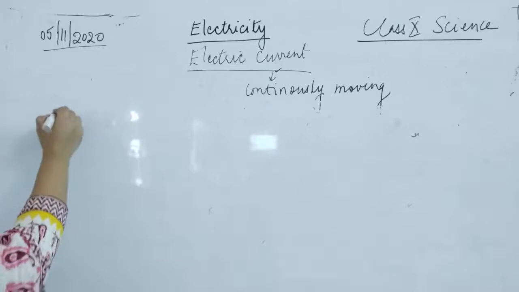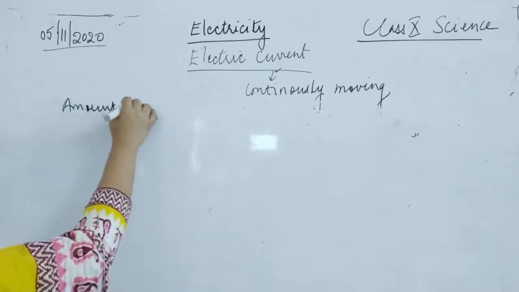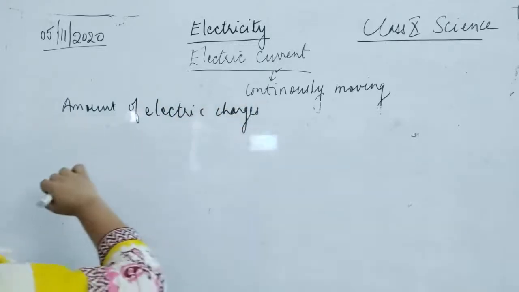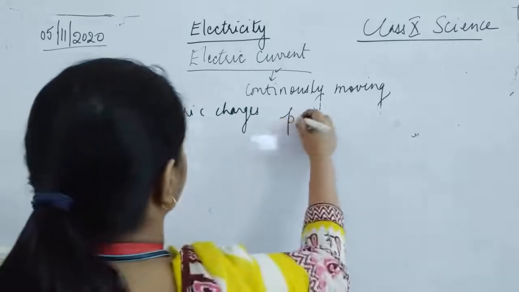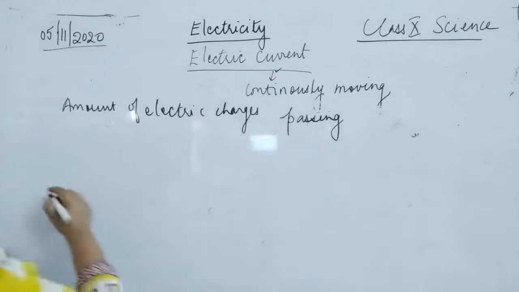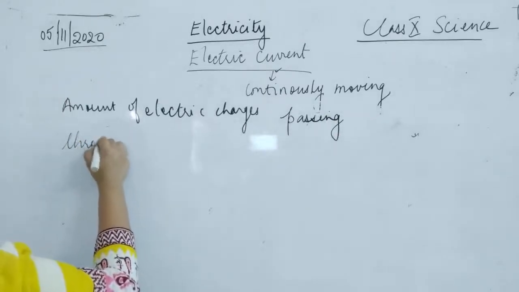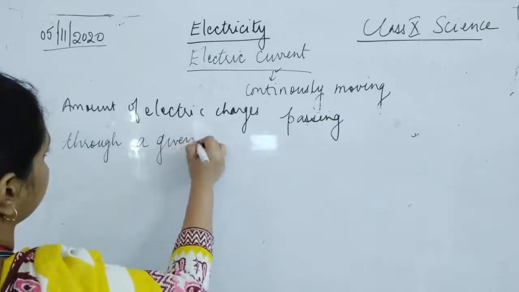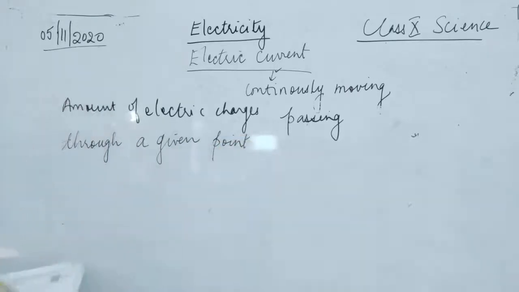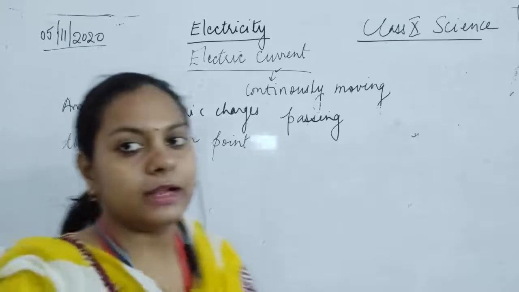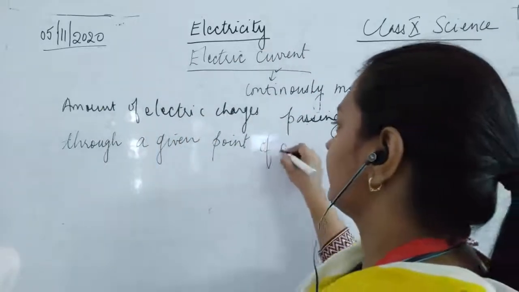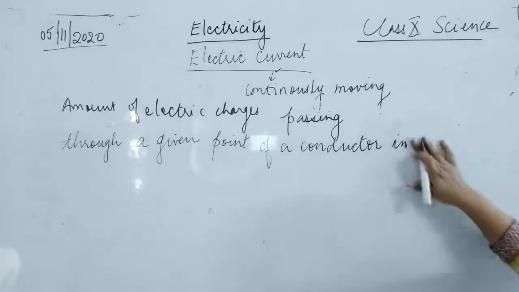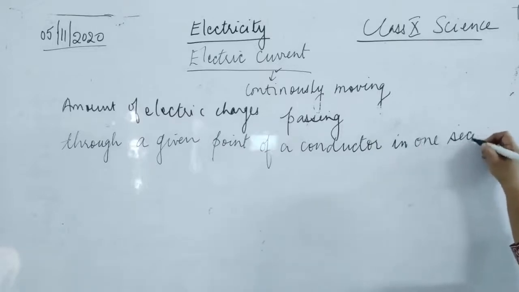the amount of electric charges passing through a given point of a conductor in 1 second.